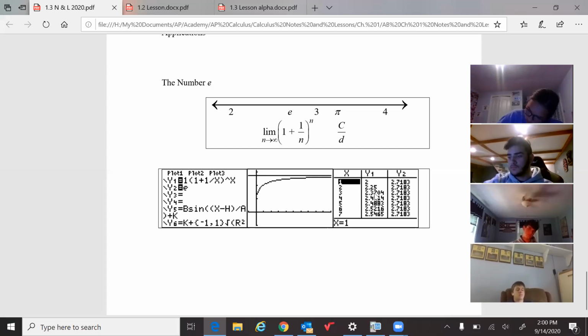Now it goes up by 1,204 10,000ths. So it's getting larger, but it's slowing down, such that this number E is the limit. It's the ceiling for this.